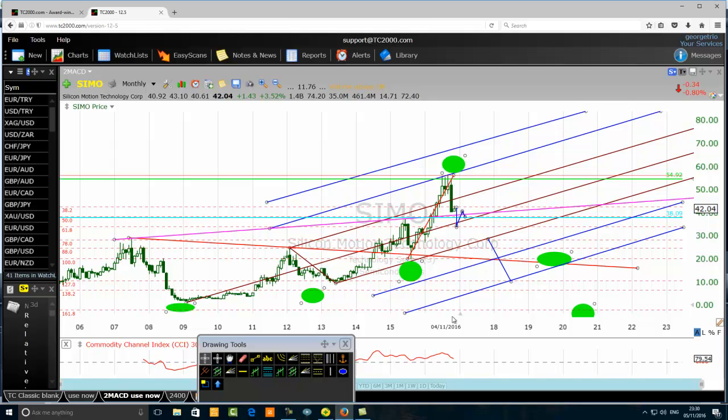The price stopped at the 161.8% Fibonacci extension level of this price action. You see here, the 161.8% Fibonacci extension of this price action is right here on the edge of our projected Pitchfork tool.